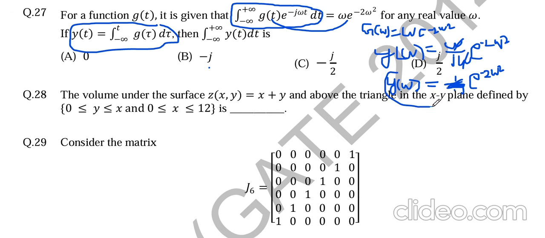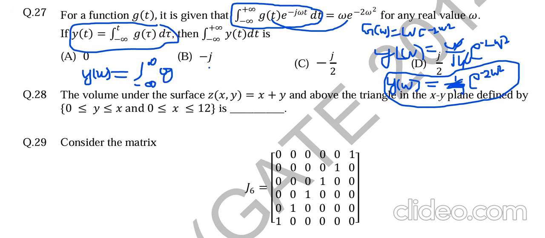Y(omega) we have found out, and if we see the formula of Fourier transform, Y(omega) is equal to the integration from minus infinity to plus infinity of y(t) e to the power minus j omega t dt.